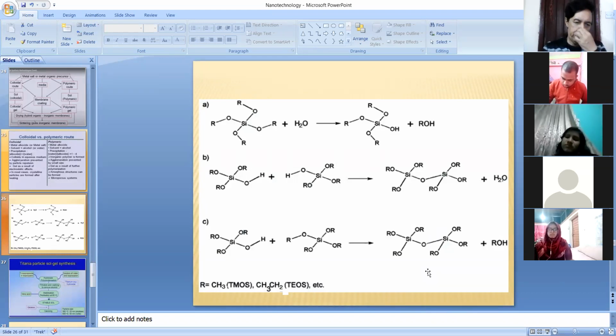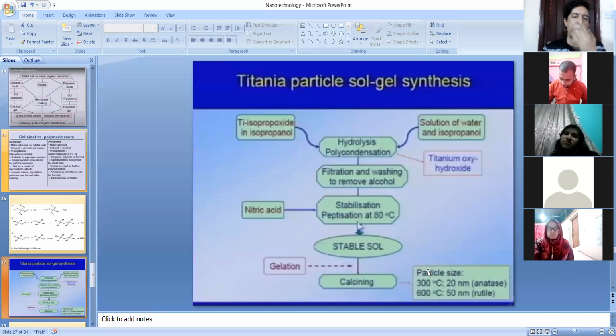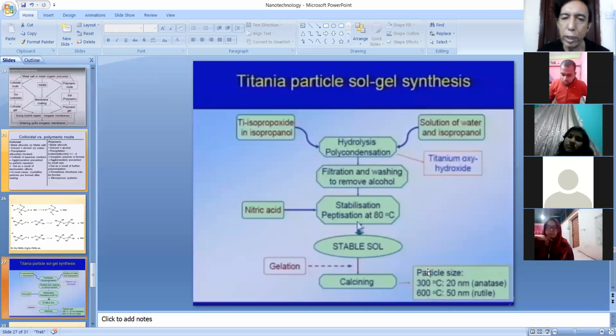Now this is the example. In this slide we see the example of a substance, titanium, that means titanium oxide, sol-gel synthesis.